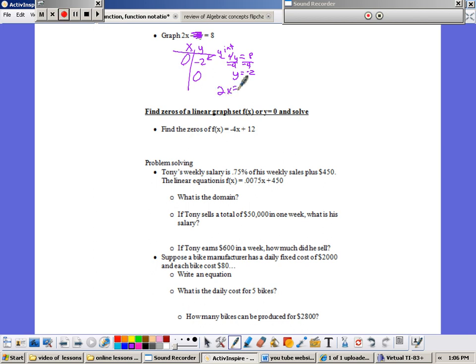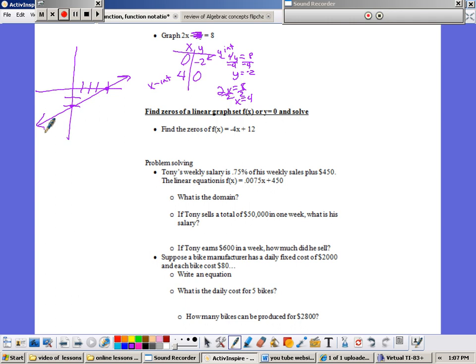So I get 2x equals 8, divide by 2, x is 4. This is my x-intercept. So I can do a really quick graph by going to -2 and putting a dot on the y, and 4 on the x, and graphing it. It's always better to probably graph in y equals mx plus b form, but sometimes just graphing with the x and y intercepts makes it so much easier.